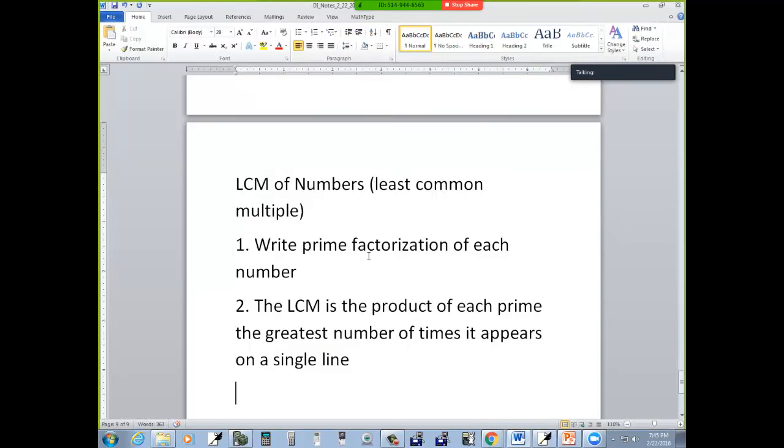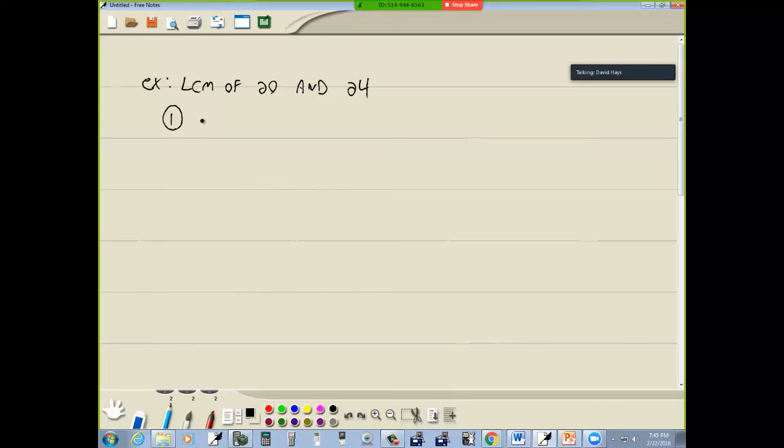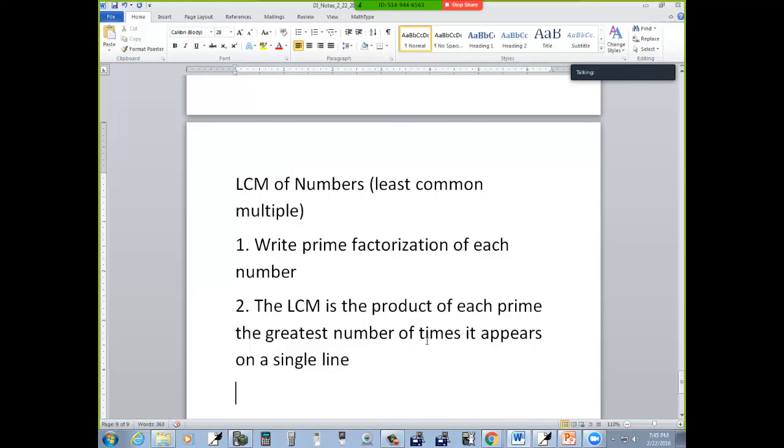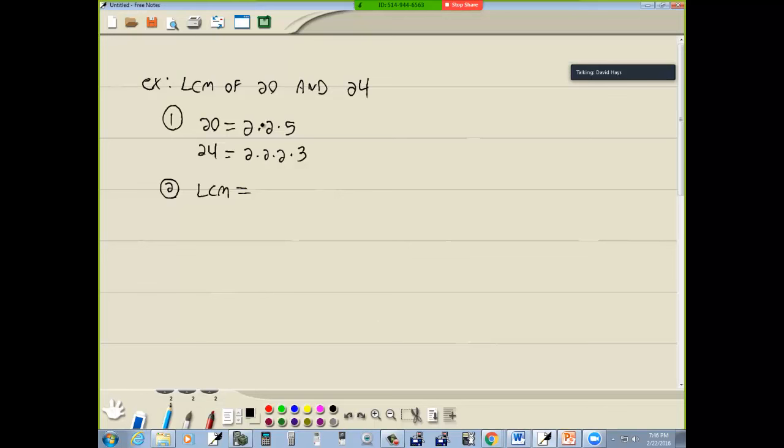Step 1, write the prime factorization of each number. 20 would be 2 times 2 times 5, and 24 would be 2 times, well, 3 2s, 2, 4, 8 times 3. So then our LCM is a product of each prime the greatest number of times it appears on a single line. They have to have just primes over here, or 2, 3, 5, 7, 11.